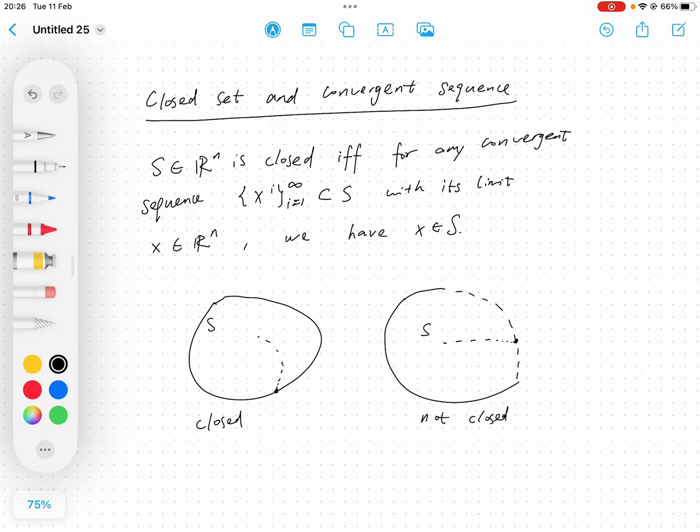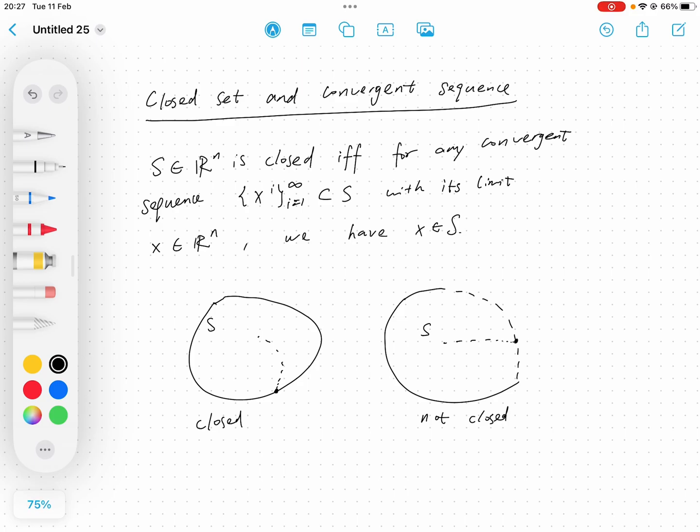We're going to say this set S in Rn is closed if and only if, so we have both directions, for any convergent sequence xi from 1 to infinity that is a subset of S, with the limit of this sequence, x, also in Rn, we always have x to be an element of S.